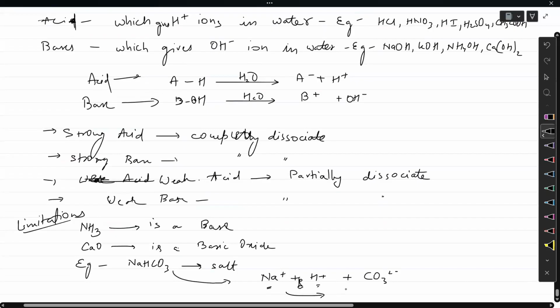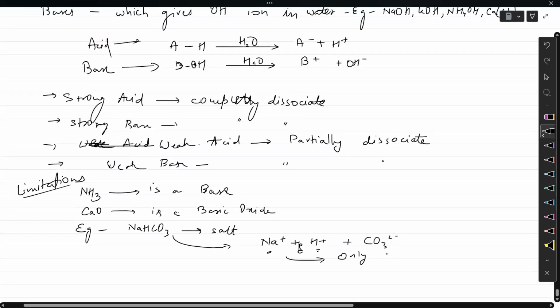According to Arrhenius, the only positive ion should be H plus, but the Na plus ion is also present, so this is not an Arrhenius acid. It is giving H plus, but it is giving Na plus also.